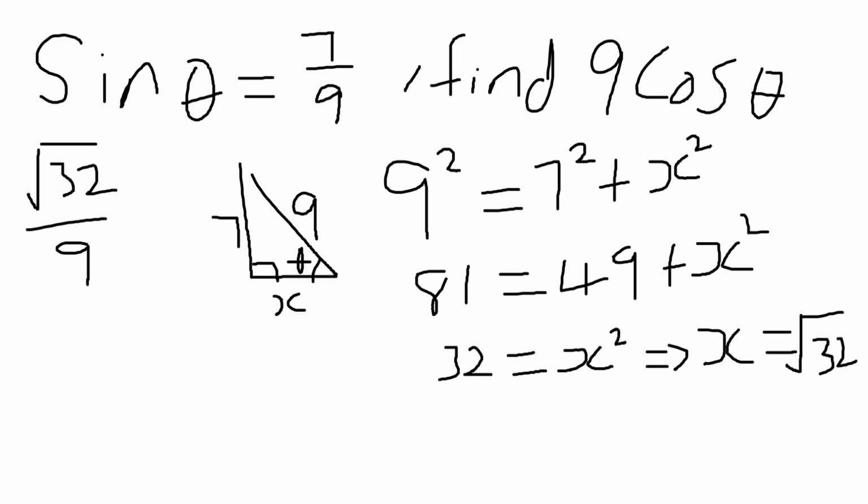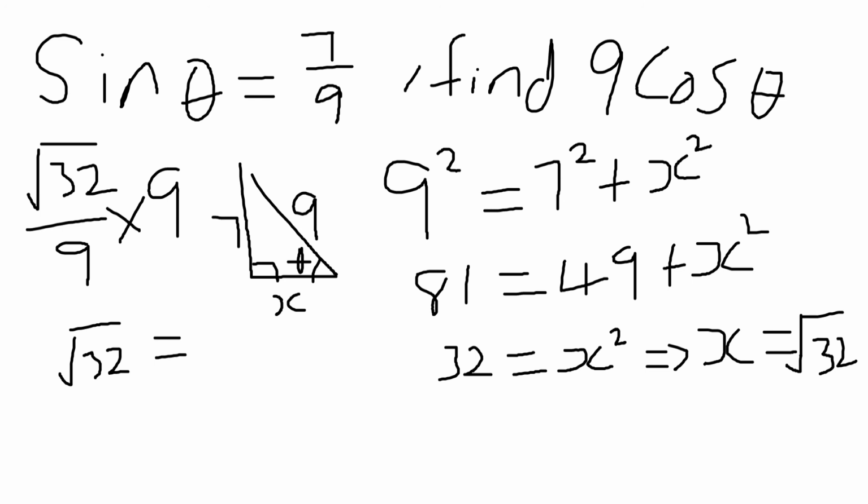So if we multiply it by 9, then what do we have? We simply have the square root of 32.